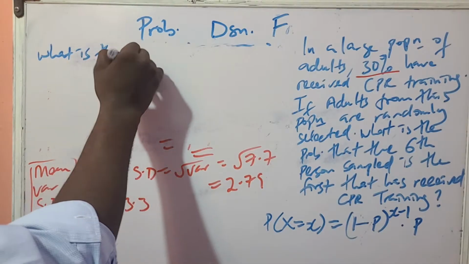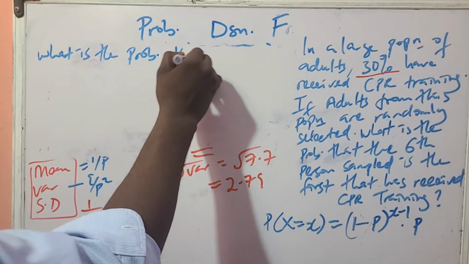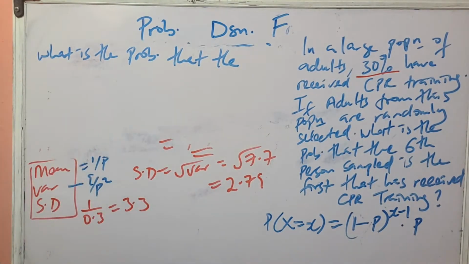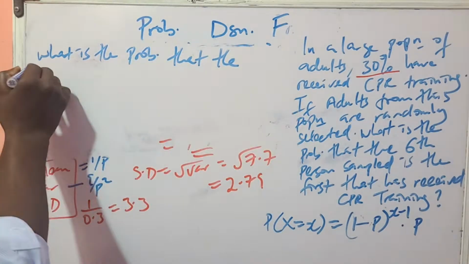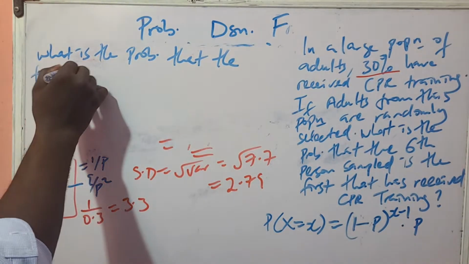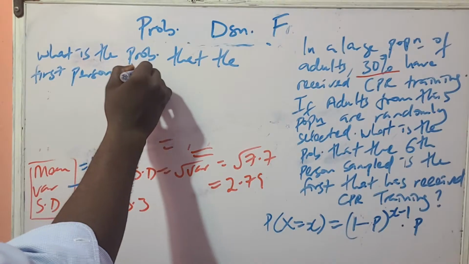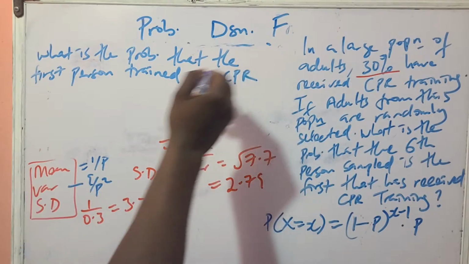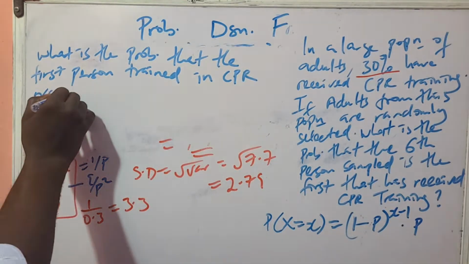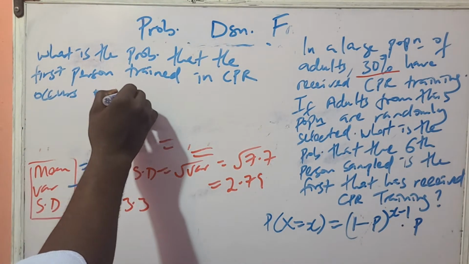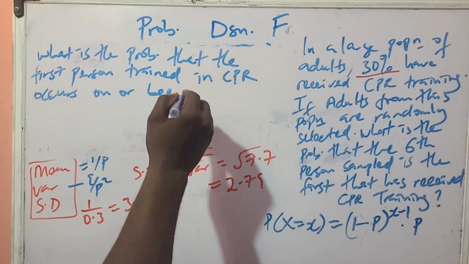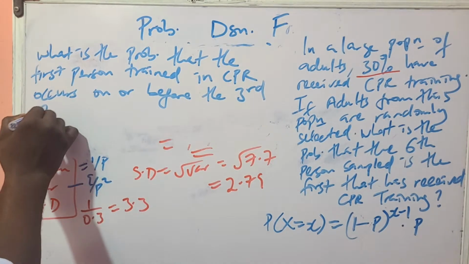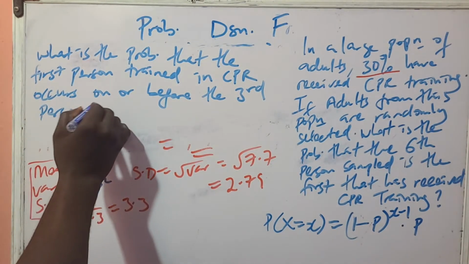What is the probability that the first person trained in CPR occurs on or before the third person sampled?